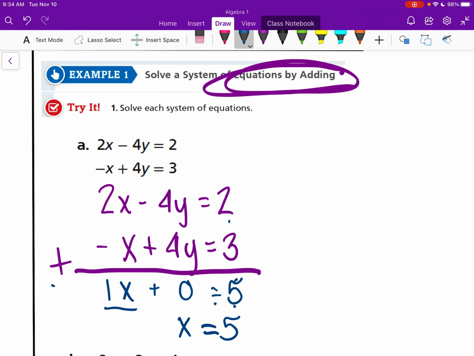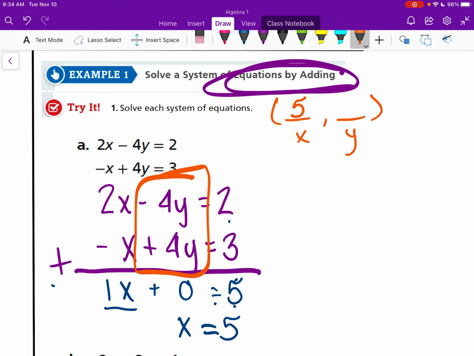Look at that. We know our answer needs to be our intersection point, our x comma y. And in this case, our x is 5. We used elimination, and we added to eliminate the y, and now we know our x. We can now use one of the equations to find our y and use that substitution that we touched on in the last section.